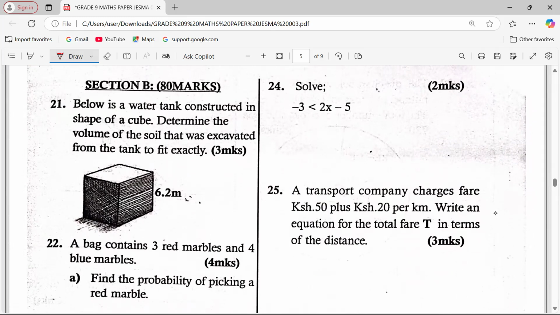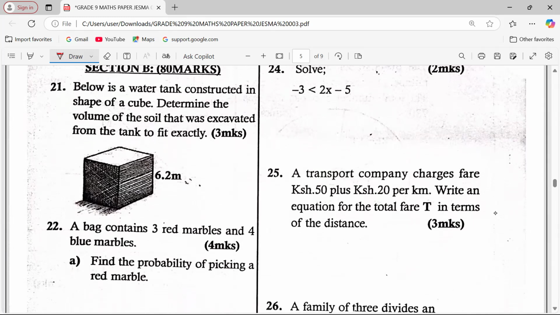Number 21. Below is a water tank constructed in the shape of a cube. Determine the volume of the soil that was excavated from the tank to fit exactly. So for the tank to fit exactly, some soil had to be excavated. There is a soil which is equivalent to the tank's volume.